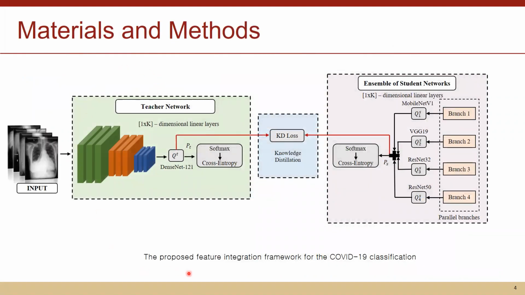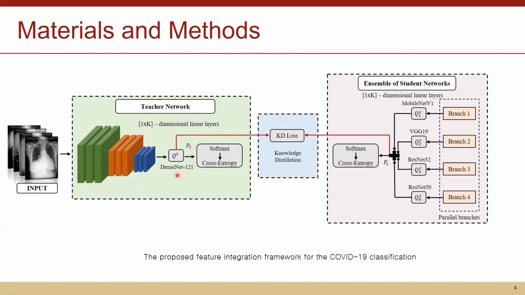This is our proposed feature integration framework for the COVID-19 classification, called Ensemble knowledge distillation. As you can see, this is the chest X-ray input, and we build two main blocks. The first block is the teacher network.